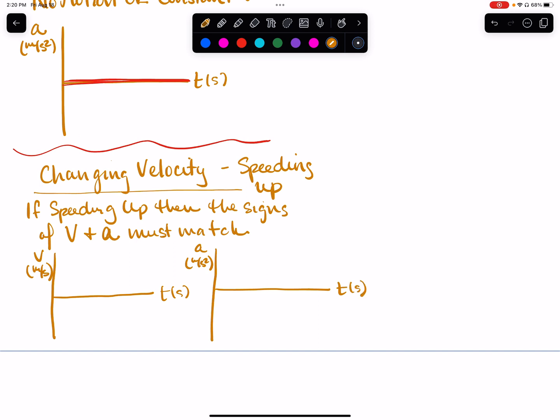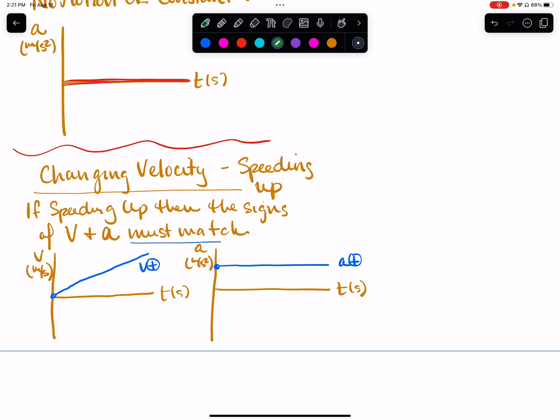All right, so let's say that we have an object that is moving forward and speeding up. So the object's moving forward, so we've got velocity values that are positive. And if the signs have to match, that means the acceleration must also be positive. So we would see a matching acceleration plot that looks like that, where the value of the intercept over here equals the slope of our velocity versus time plot.